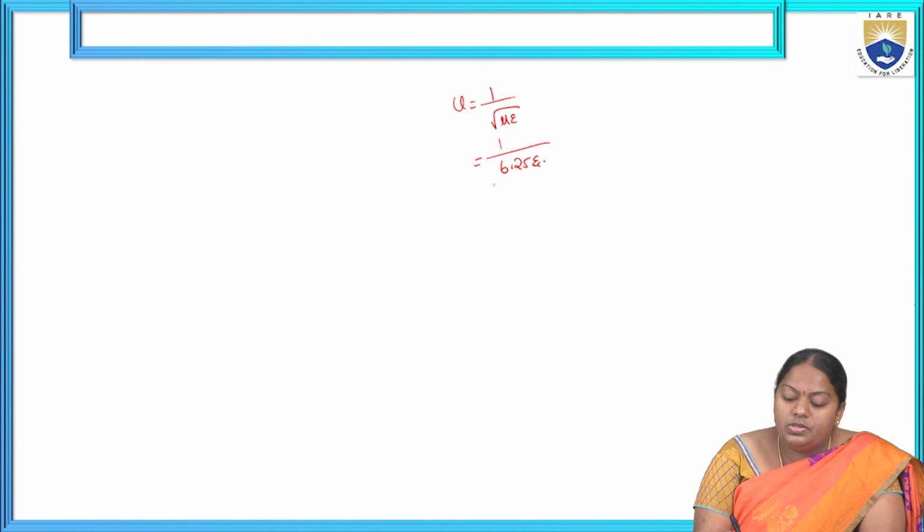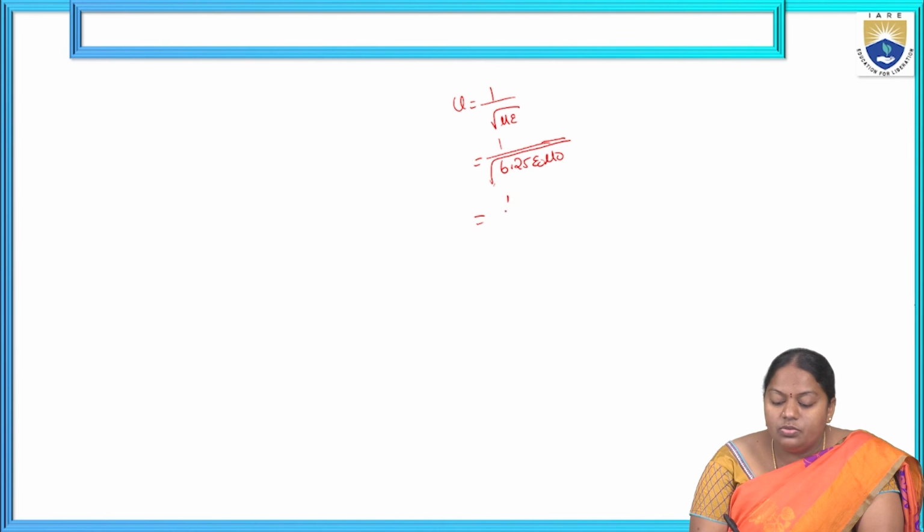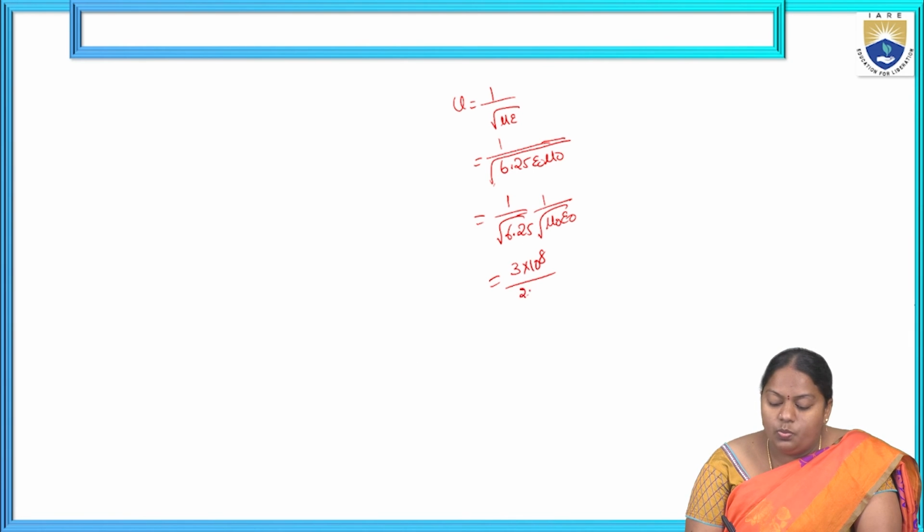So it is 1 by root of 6.25 into 1 by root of μ naught ε naught, which is approximately 3 into 10^8 meters per second by 6.25 root, that is 2.5.